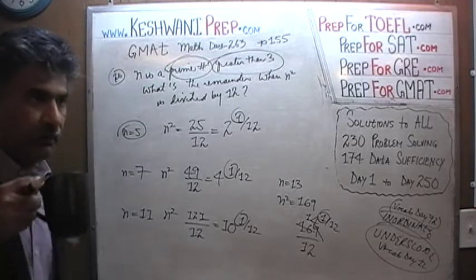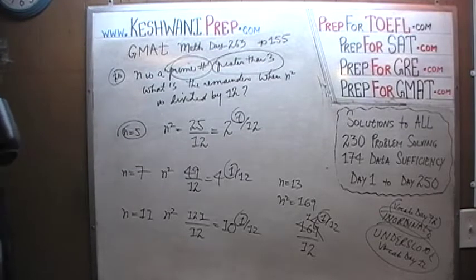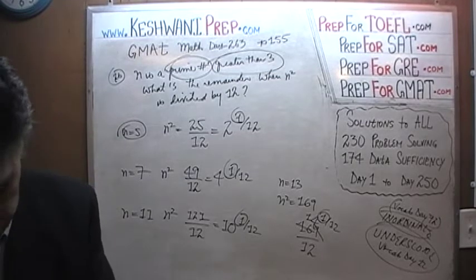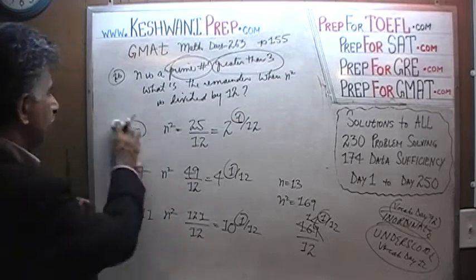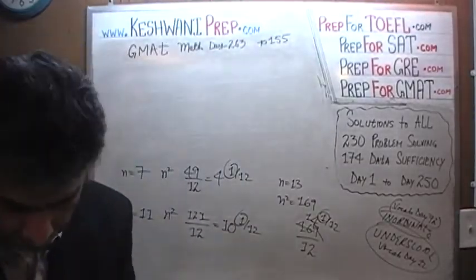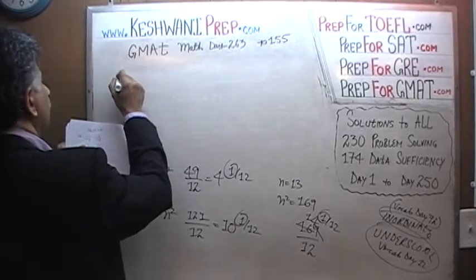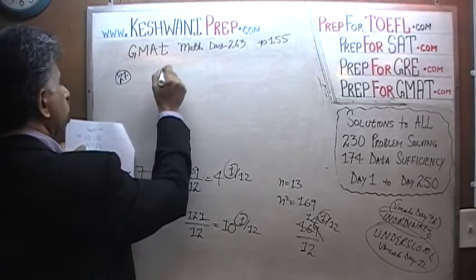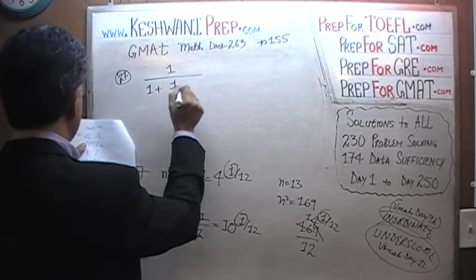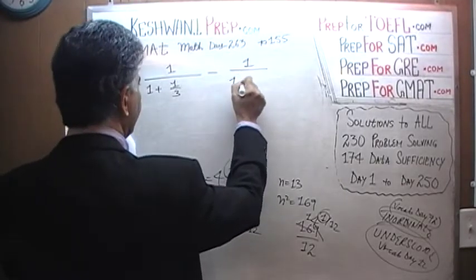Let's go on to the next one, number 27. In number 27, we are told we have 1 over 1 plus 1/3 minus 1 over 1 plus 1/2.